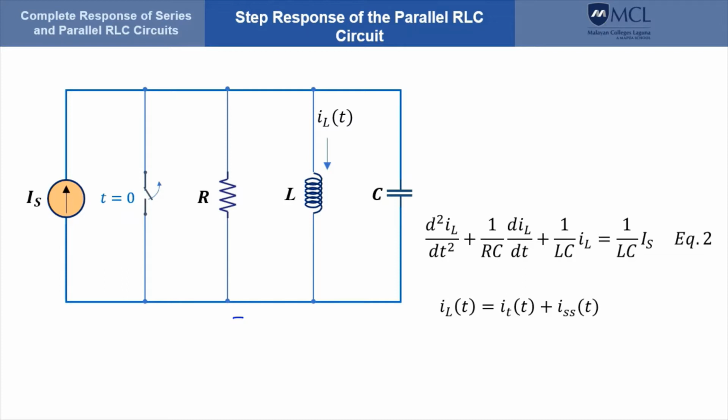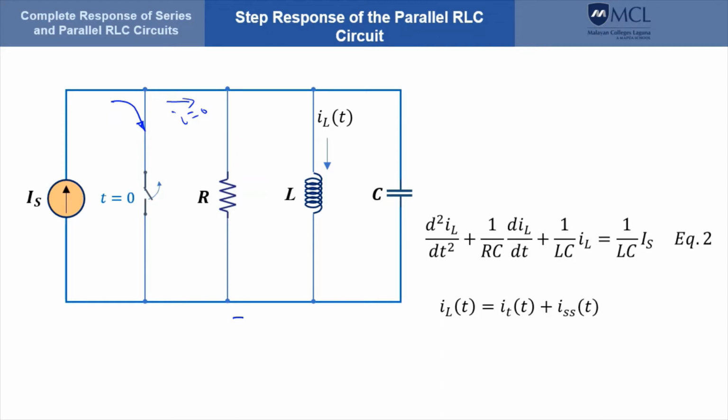So when there is no current source, the switch here is actually closed. If the switch is closed, that current here will simply flow in the short circuit path. Therefore, there's no current here. So the parallel combination does not receive any current.